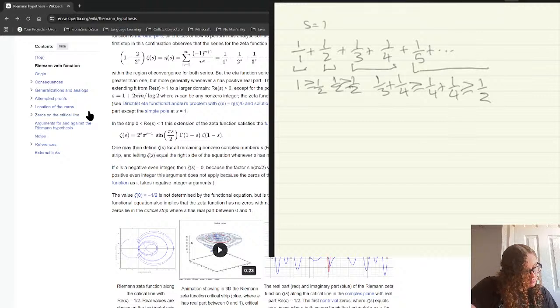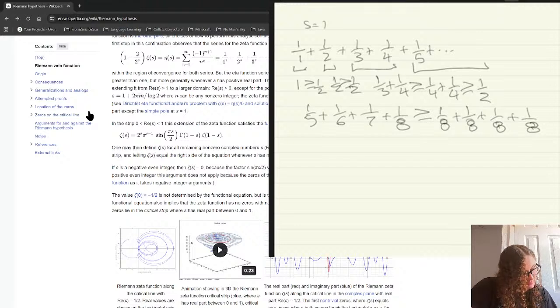And then 1/5 plus 1/6 plus 1/7 plus 1/8. Well, that's going to be greater than or equal to 1/8 plus 1/8 plus 1/8 plus 1/8, which is equal to 4/8, which is equal to 1/2.